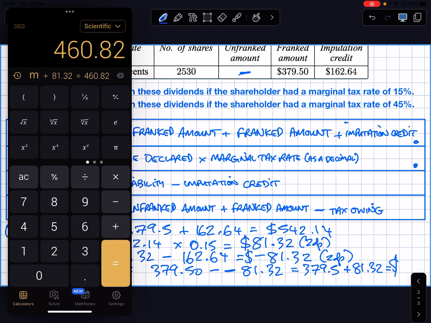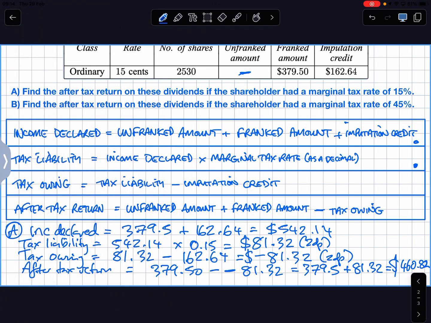So what I'm actually going to get after tax on these dividends: I was supposed to get $379.50 from my dividends. The company already paid this much tax. My tax rate is only 15%. So actually, I get a little more back than I'm supposed to, okay? Can you get that example down, please? And then I'll do the example with 45%.